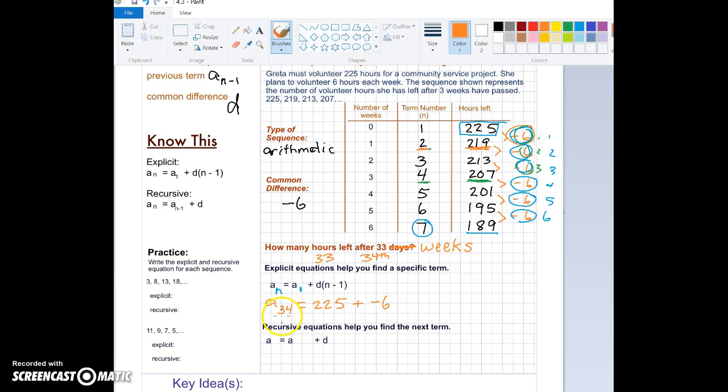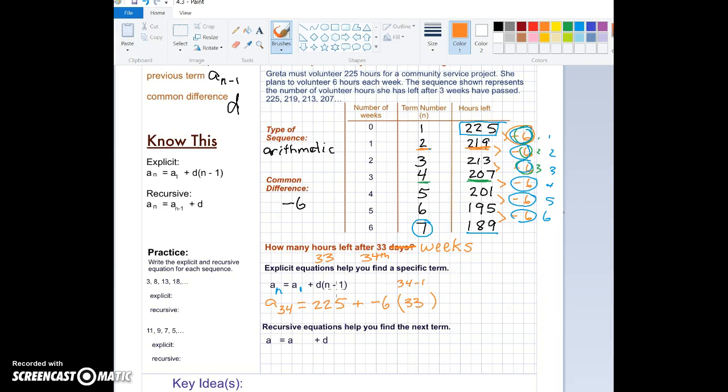My term number is 34, so I'm going to take 34 minus 1 and subtract 6 33 times. If I add -6 33 times, that's just multiplication. So I'm going to do -6 times 33, which is d times n minus 1.